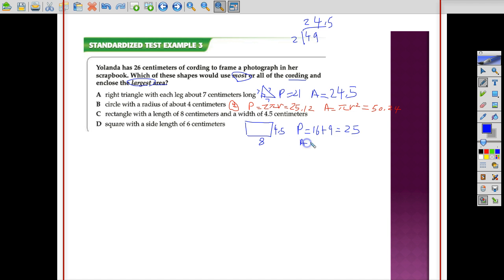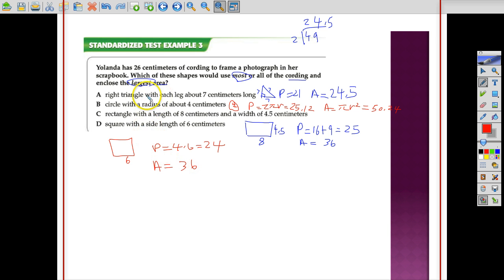For area, 8 times 4.5, and you get 36. And for D, a square with length of 6. Perimeter will be 4 times 6, 24. And for area, 6 times 6, 36.